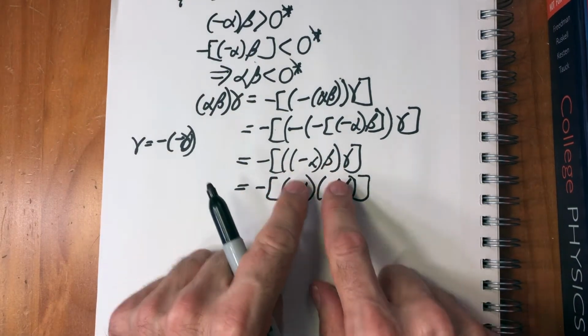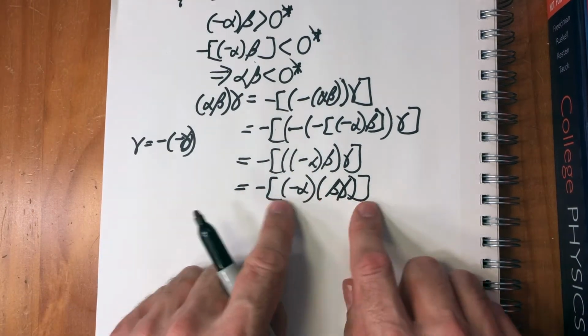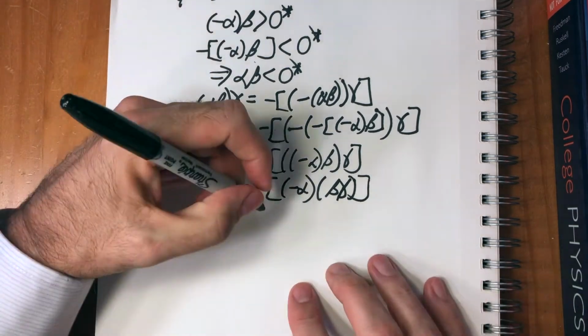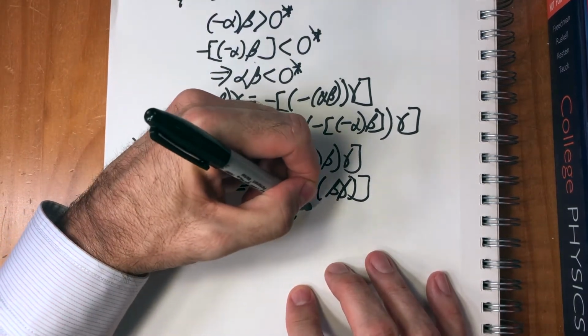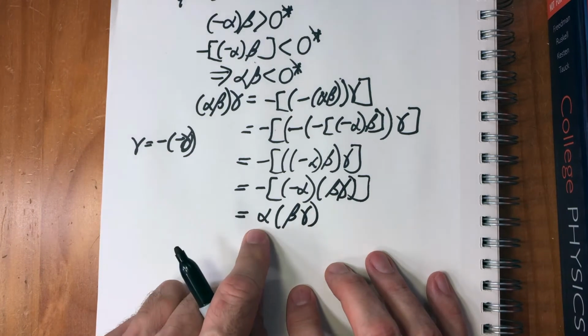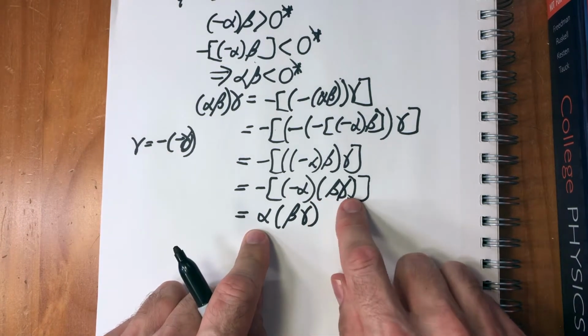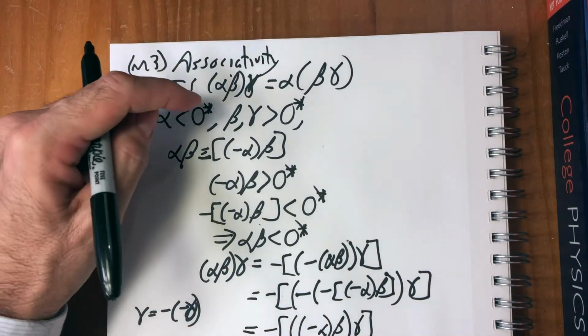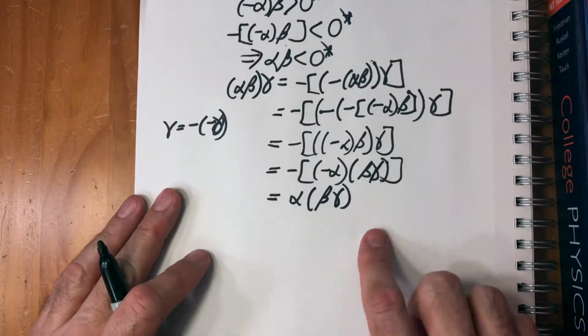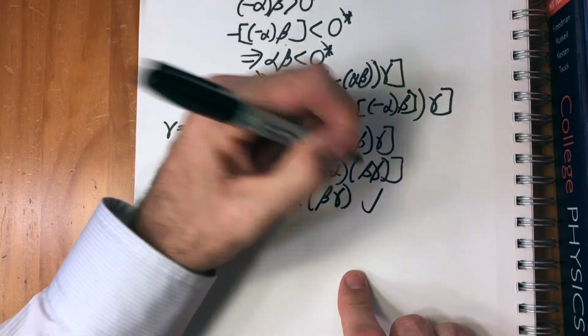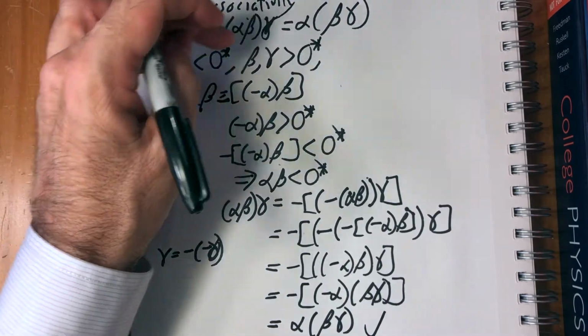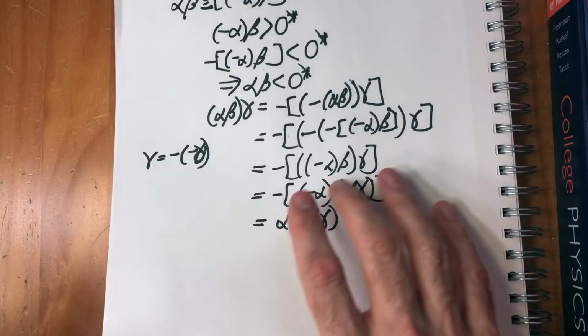Okay, just switch the parentheses. This then is the definition of alpha times beta gamma when alpha is negative and this is positive. And we know this is positive because beta and gamma are both positive. So that's it. We showed that for when one of them is negative and the other two are positive. So let's just keep going.